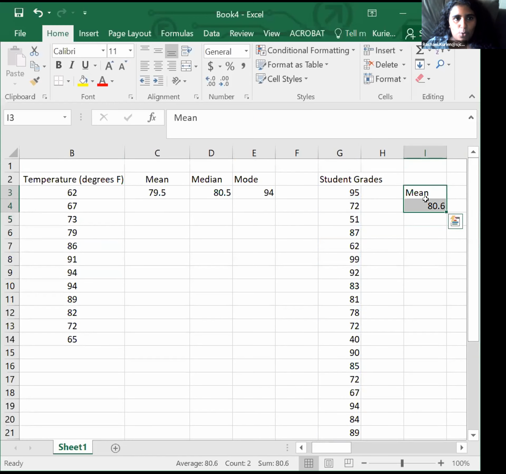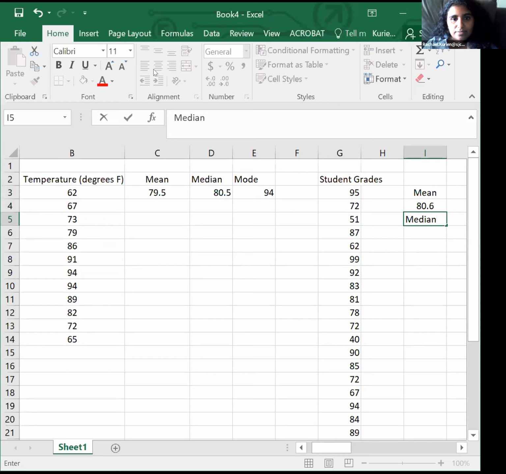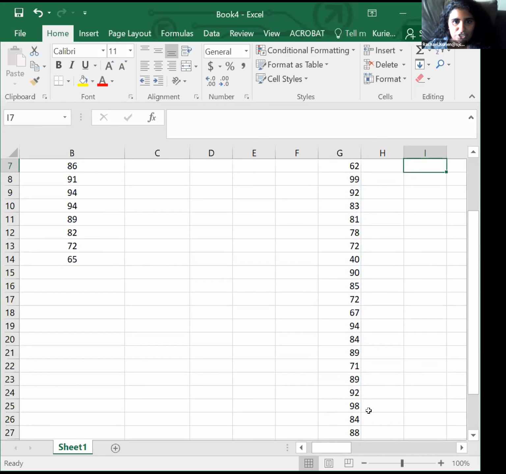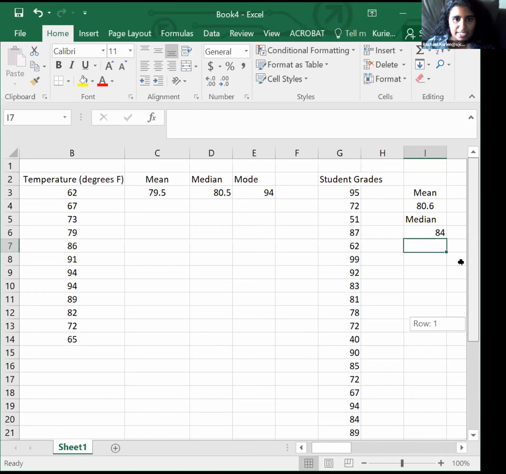And we get 80.6. And then if we want to do median, again, equals, median, and then drag all the way down, close parentheses, and hit enter. And the median pops up.